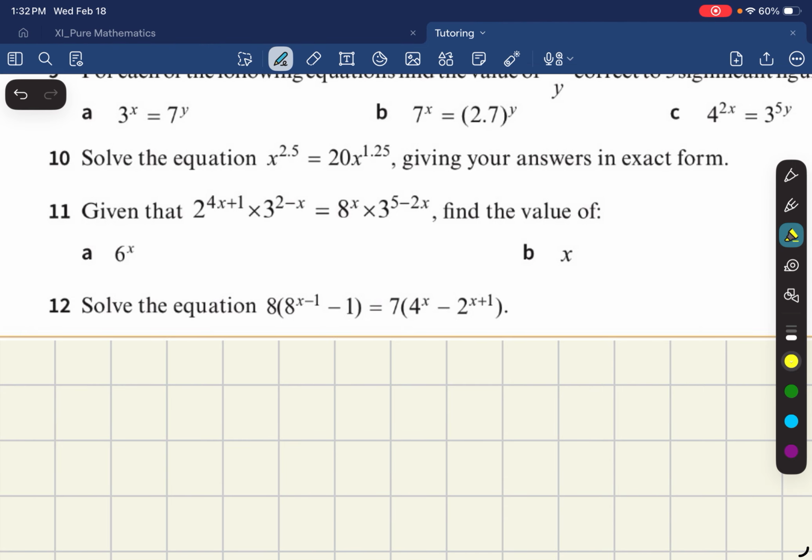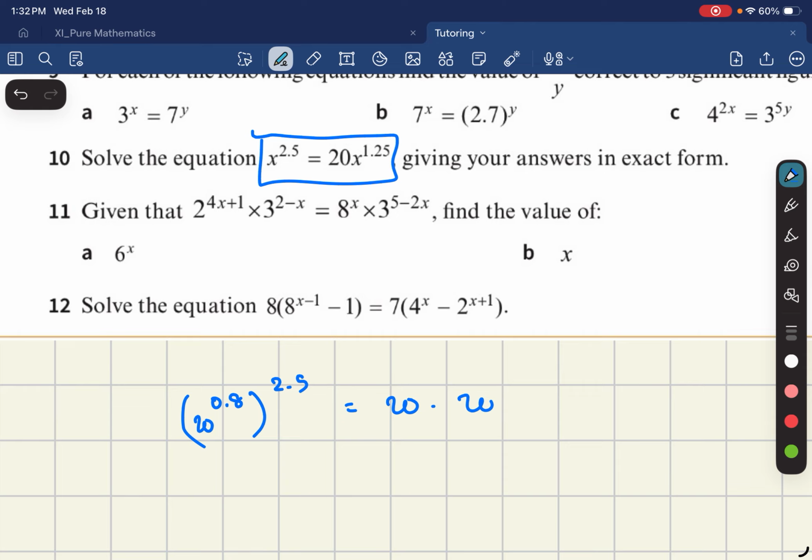And we can check 20 to the power 4 over 5. We can always substitute back using your calculator here. So I can say, well, 20 to the power 4 over 5, 4 over 5 is 0.8, to the power 2.5 should equal 20 times 20 to the power 0.8 times 1.25.